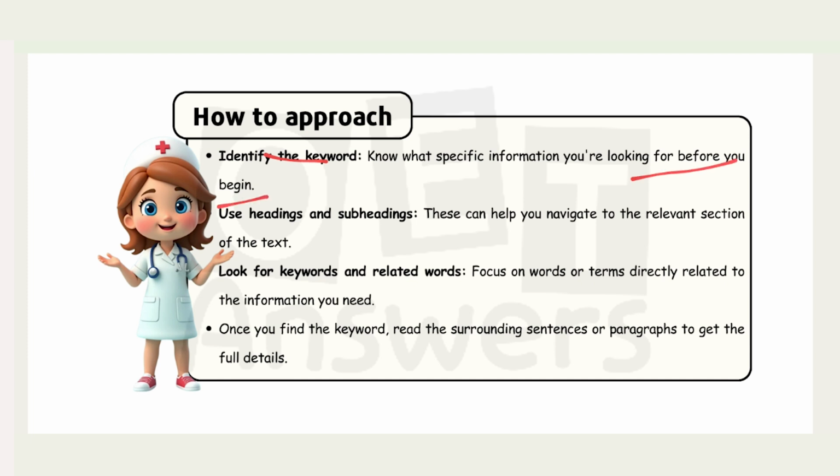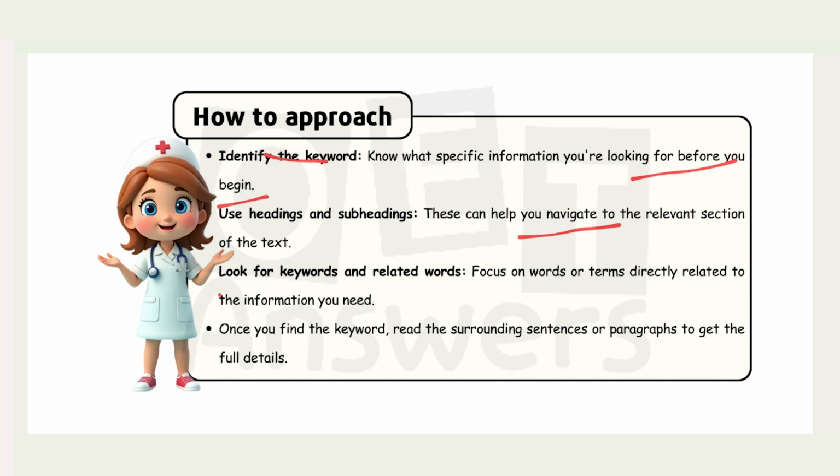Before you begin means before applying the answer, you have to see where the exact keyword is. Third, use headings and subheadings. Headings and subheadings will give you more ideas to find the location. Navigate means track the relevant section, which means find the exact location.